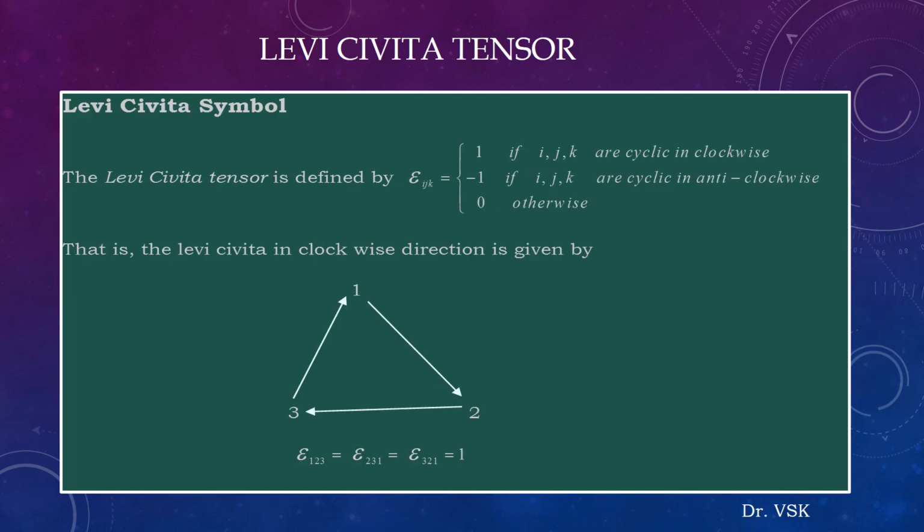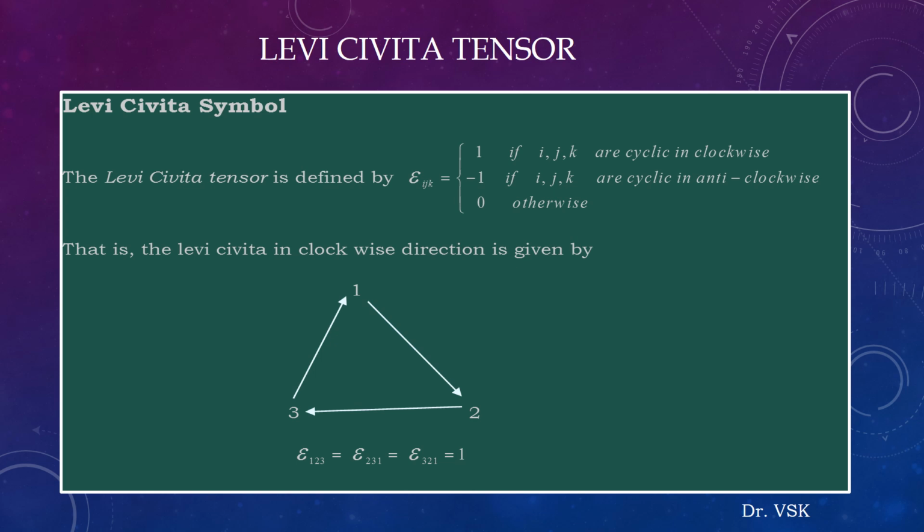The next tool is the Levi-Civita tensor. It is also called the Levi-Civita symbol. What is the definition of this Levi-Civita tensor? Let us see. It is denoted by the symbol epsilon suffix ijk.